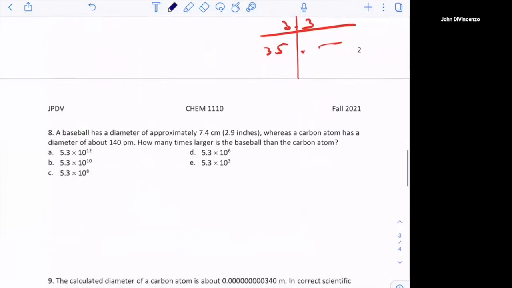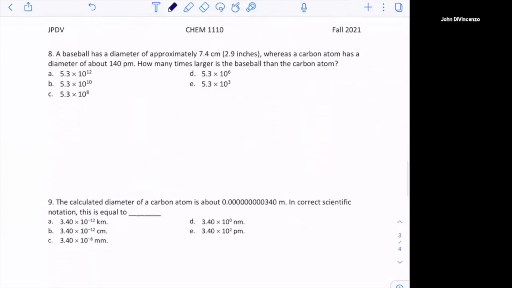Okay, now we're up to the baseball. Baseball has a diameter of about 2.9 inches, whereas a carbon atom has a diameter of about 140 picometers.